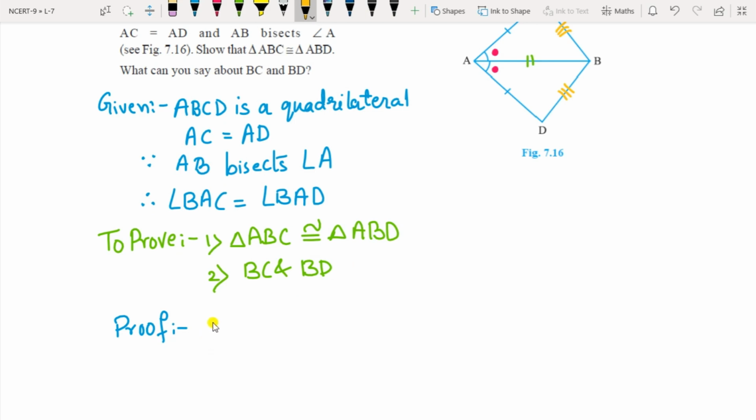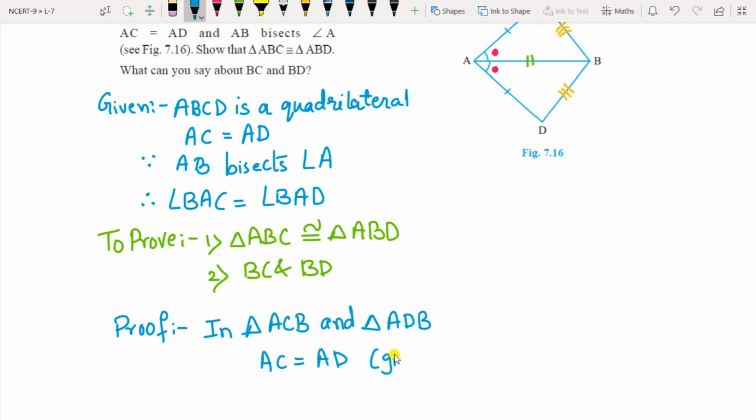So consider, in triangle ACB and triangle ADB, AC is equal to AD, that is given. You have to write the reasons why it is equal.